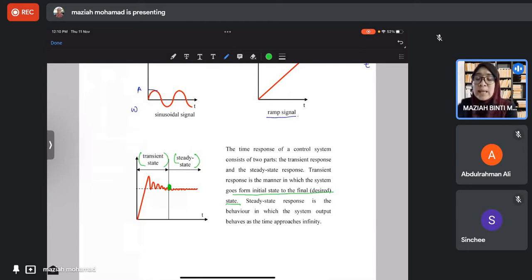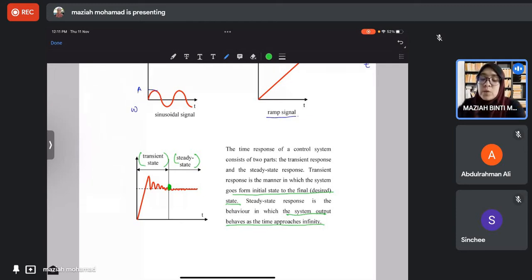When reaching that condition, we call it a steady state. The steady state is the system output behavior as time approaches infinity, meaning even though you increase the time and let the system run along the time, it will not change very much. It will be stable at one value.